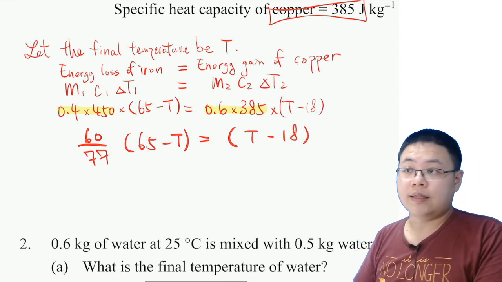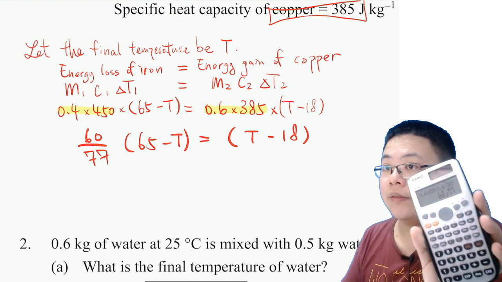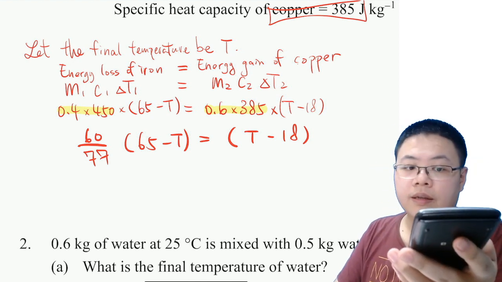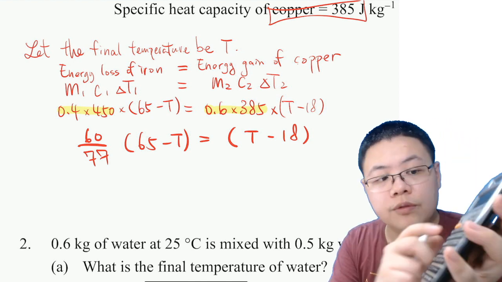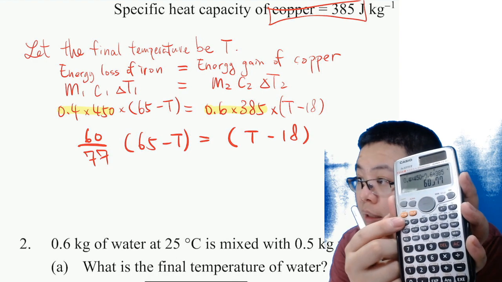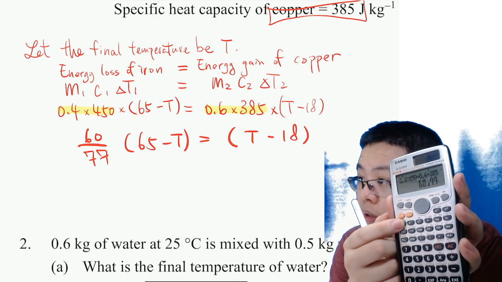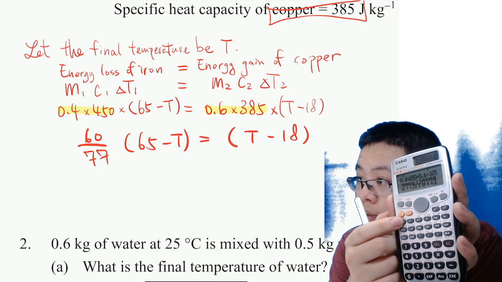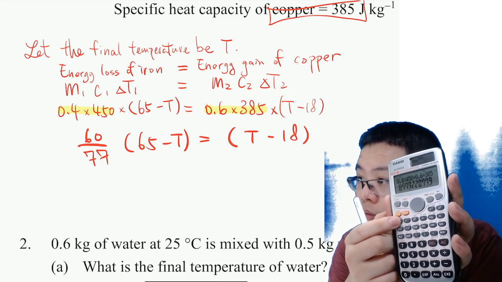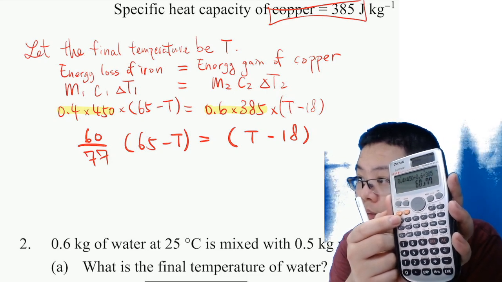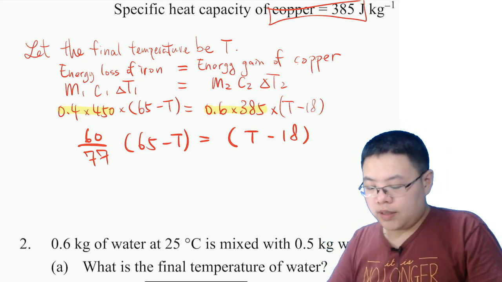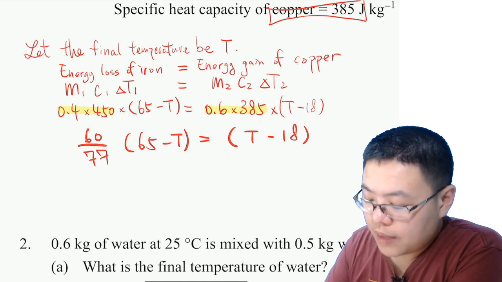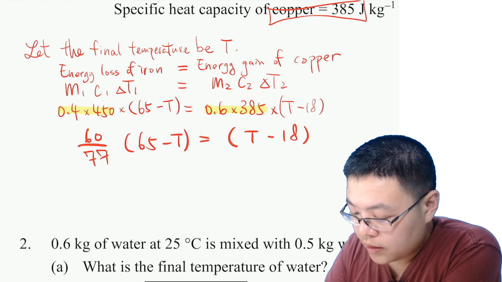So I just use the calculator and make it a fraction. If you do not know, this button can help you change from a decimal number to a fraction if it is possible. Okay? Then what should you do? Make T the subject, of course.